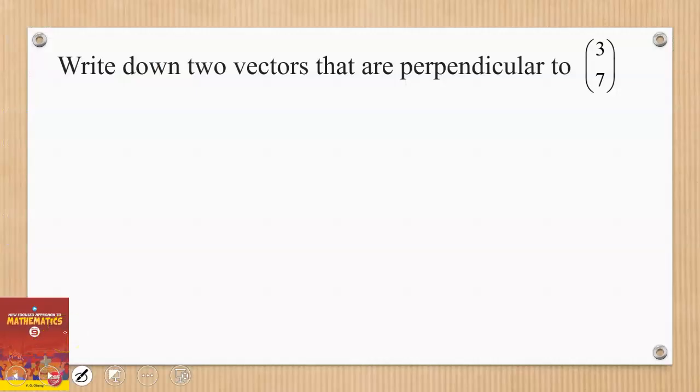Now let's try solving this question using the concept that we've learned. The question is: write down two vectors that are perpendicular to this. That means if I rotate this one either 90 degrees clockwise or 90 degrees anti-clockwise, I will get a vector that is perpendicular to this vector.